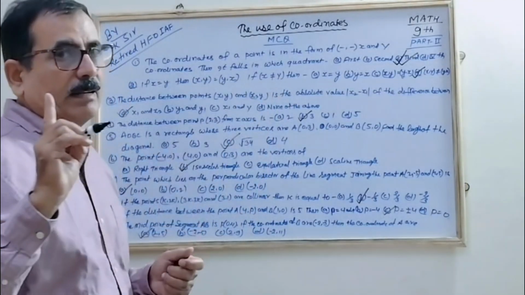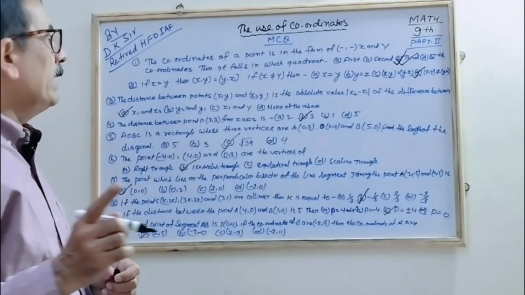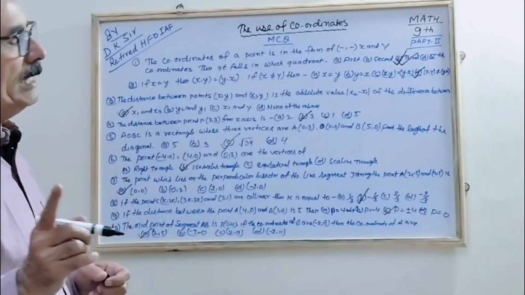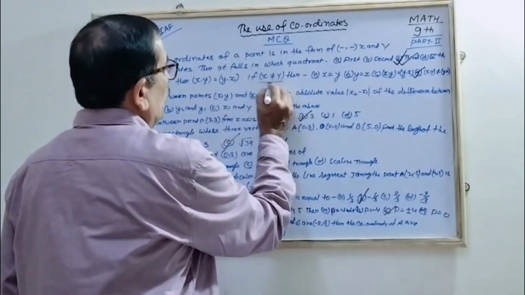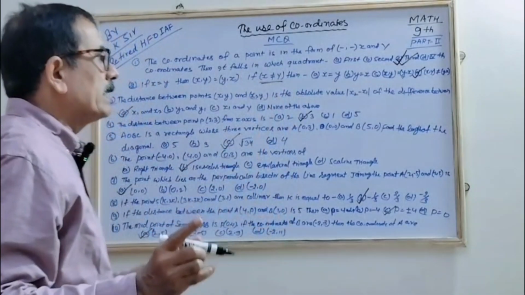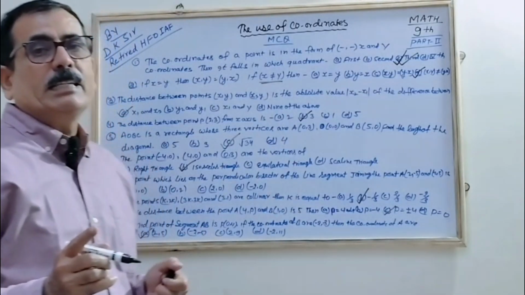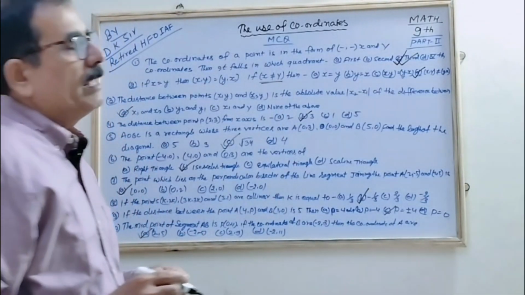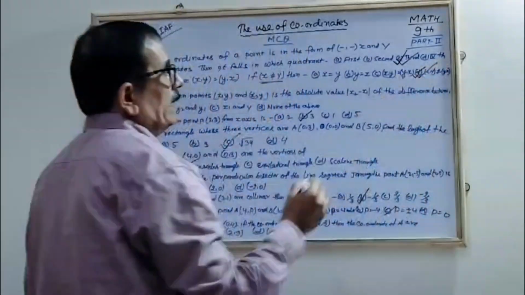Remember the condition: when x is equal to y, the coordinate xy is equal to yx. Correct? Because both are equal. But if x is not equal to y, then what can be the condition? This will happen when xy is not equal to yx. The answer, D, is correct.